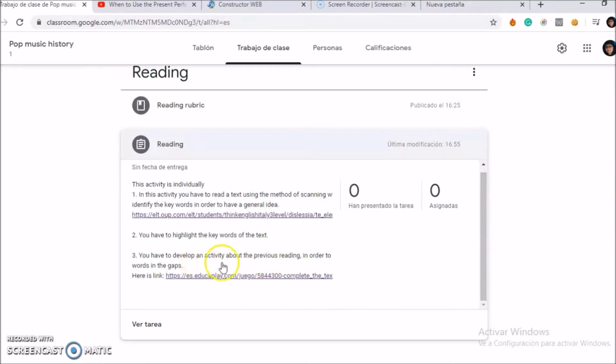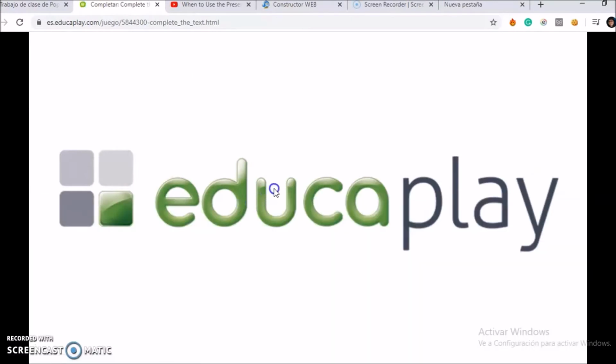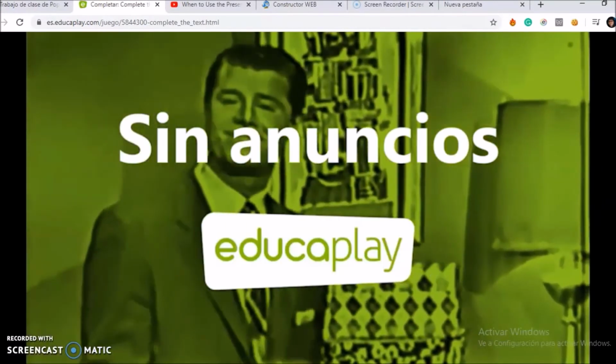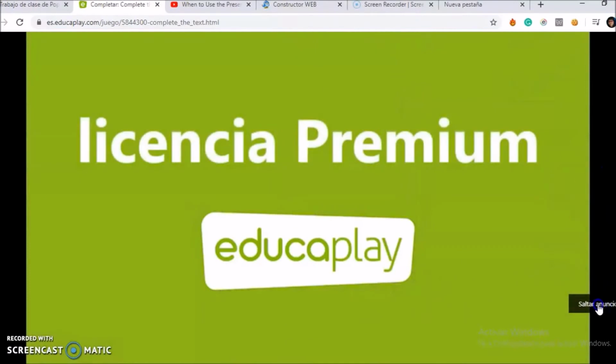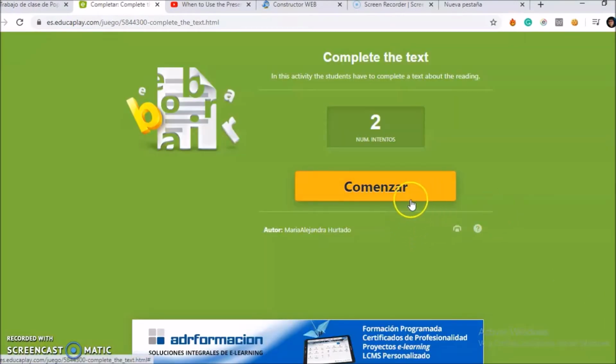In this part, there is the other instruction that the students have to follow, that they need to highlight the keywords of the text, and after that they have to develop this activity about the reading. So this is the announcement.